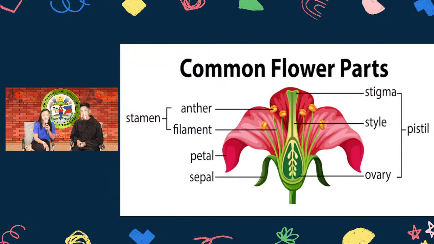The pistil consists of a sticky structure called the stigma attached to a tube-like structure called the style. It ends in a swollen part called the ovary, and this contains the female reproductive cell, which is the ovule. So again, naadira sa flower tanan di ay makita si male reproductive cell as well as the female reproductive cell.